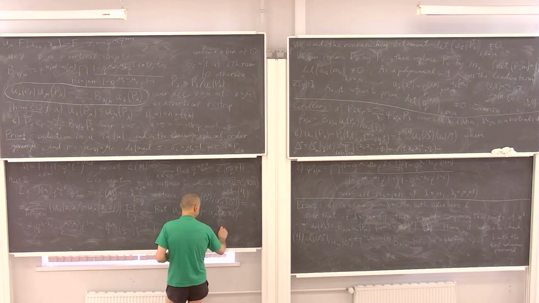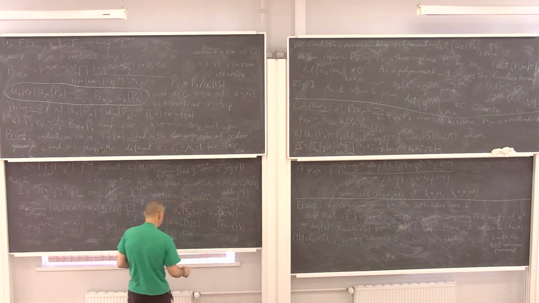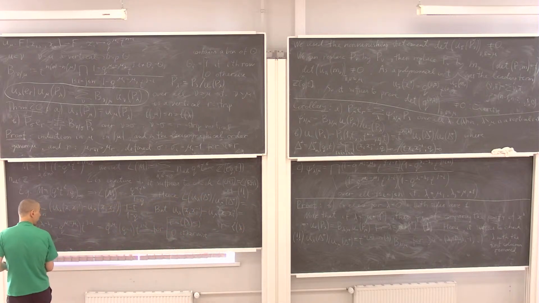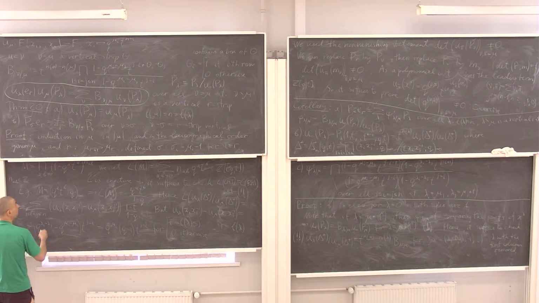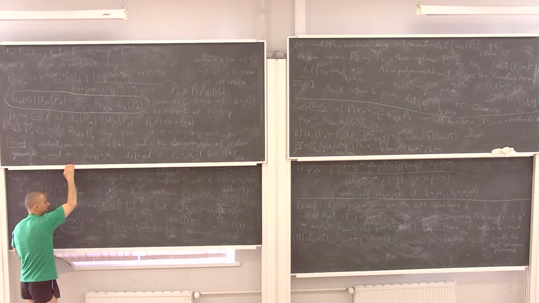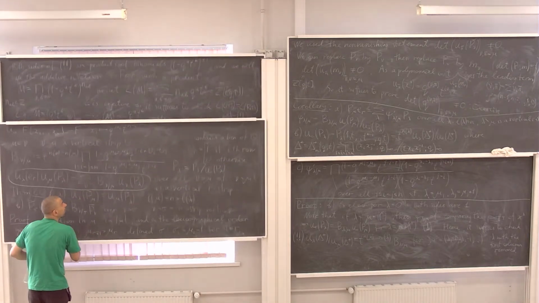Now, so let us set R equals L of lambda for abbreviation. Okay. So now let me erase definitions.